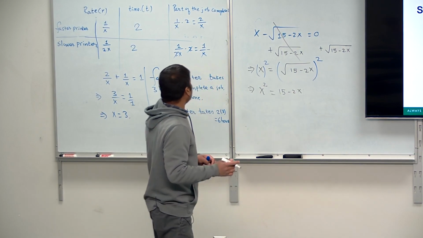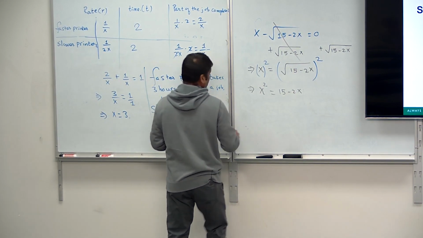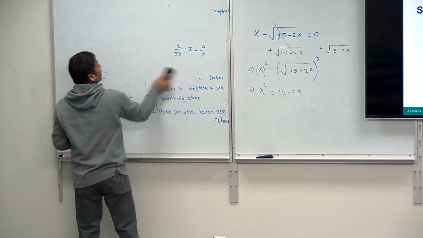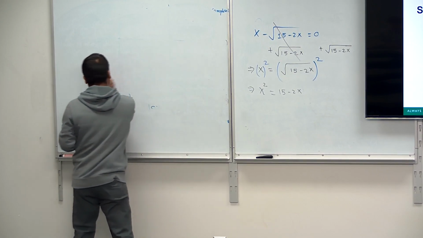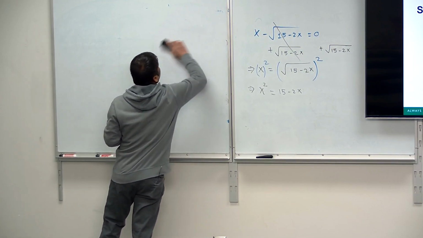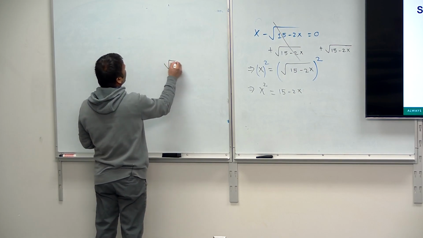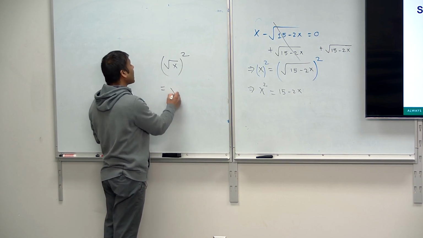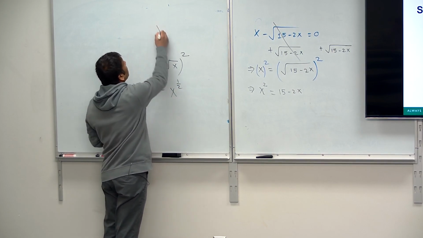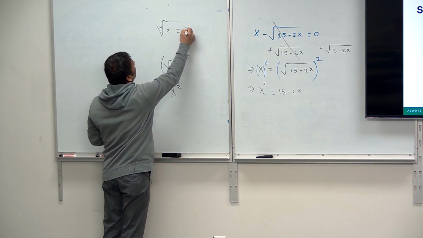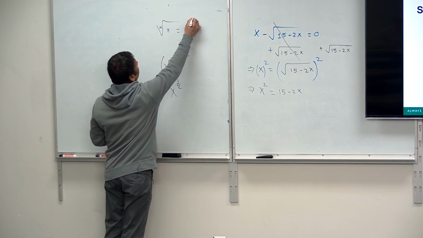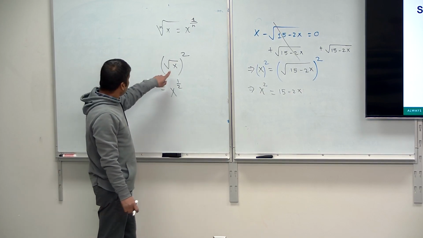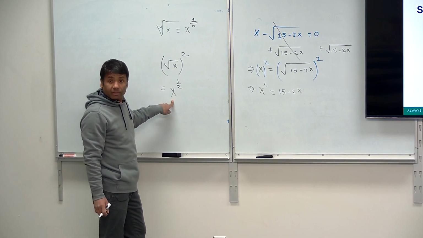That makes sense. Again, let me explain why that happened. Look here. If you have a square root of x, this square root of x is x to the power 1/2. Because you know that if you have the nth root of x, this is x to the power what? 1 over n. So square root of x is x to the power 1/2.